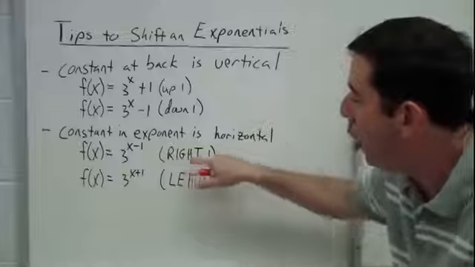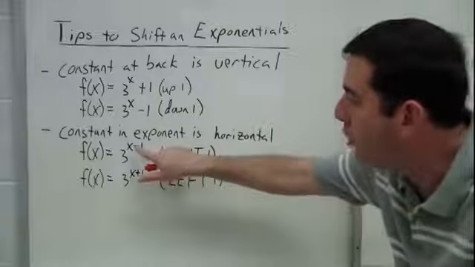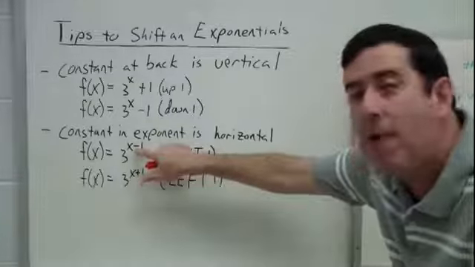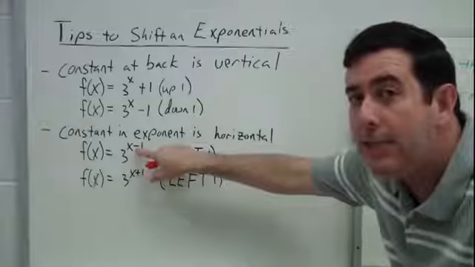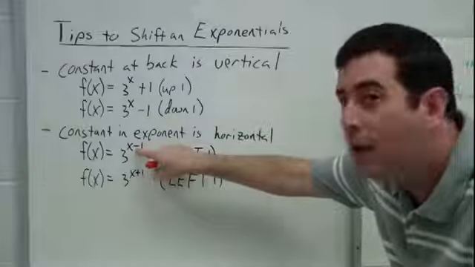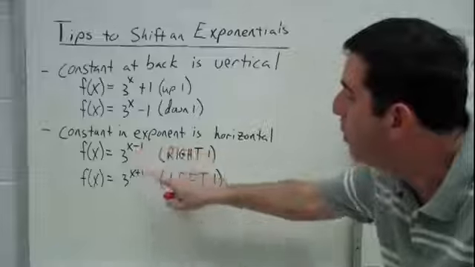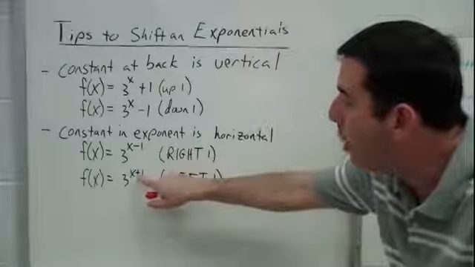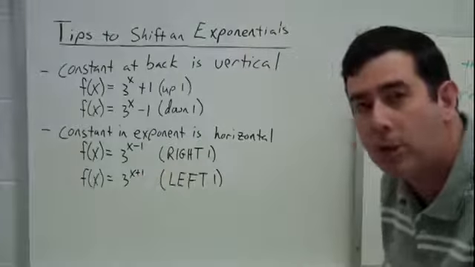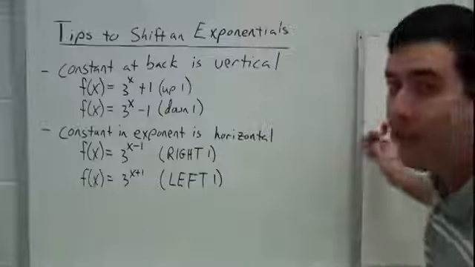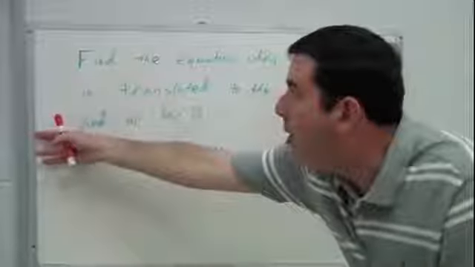I've put that in all capital letters so that you'll remember a minus sign moves you to the right. That kind of seems backwards, but it's the way that it goes. If we then want to move to the left by 1, we'll put a +1 in the exponent to make that happen.